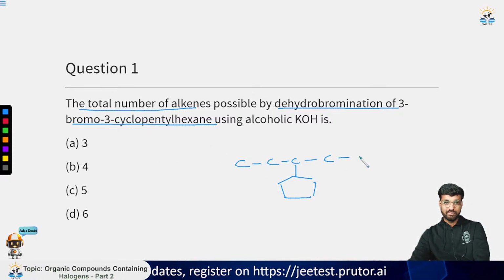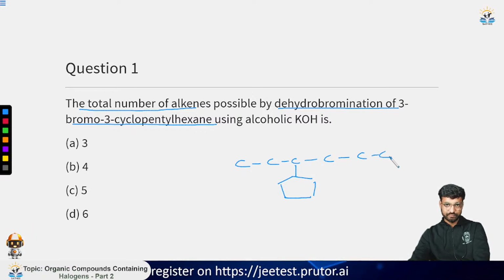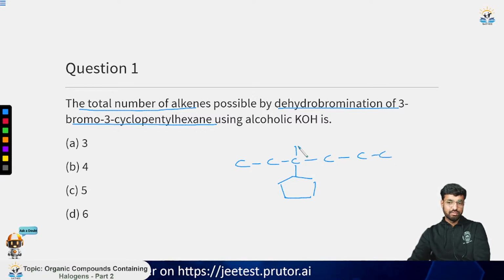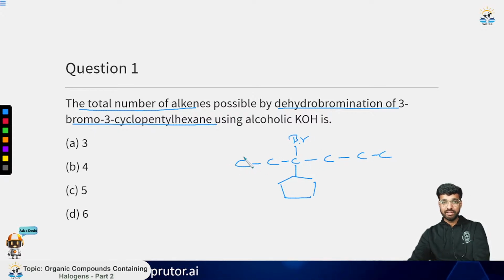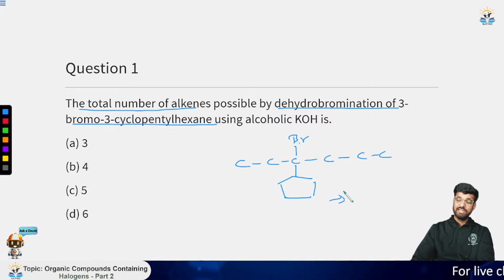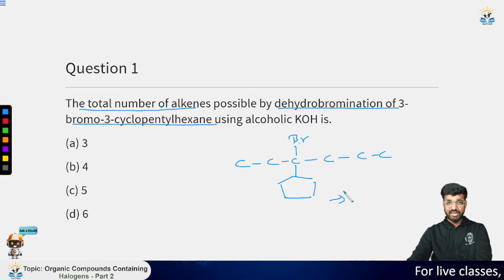So 1 2 3 4 5 6, and the bromine is present here only. I'm not drawing the hydrogens here. Now we do the dehydrobromination. So what is dehydrobromination?